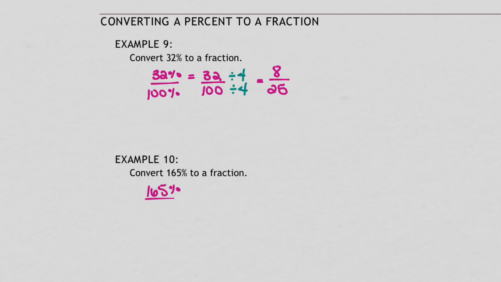And then 165% as a fraction, divide by 100%. So we've got 165 divided by 100, and we will reduce. Both of these are divisible by 5. 165 divided by 5 is 33, and 100 divided by 5 is 20.